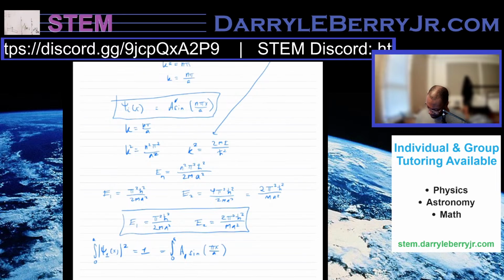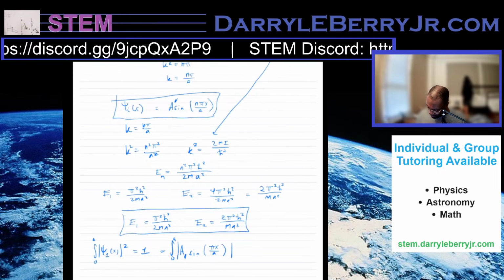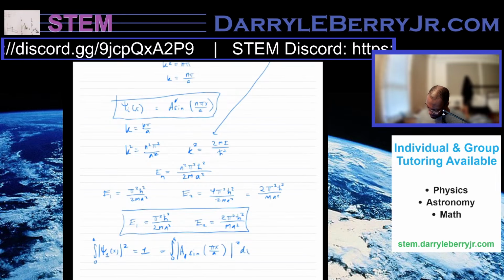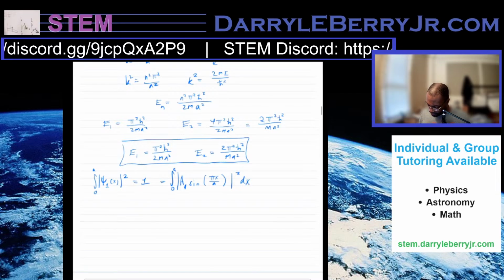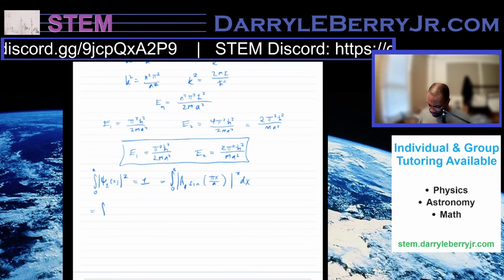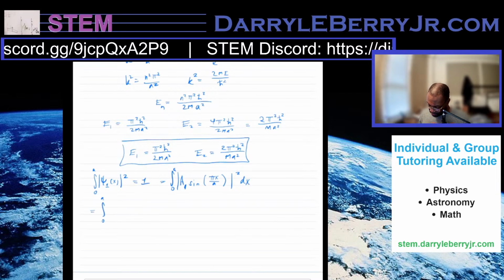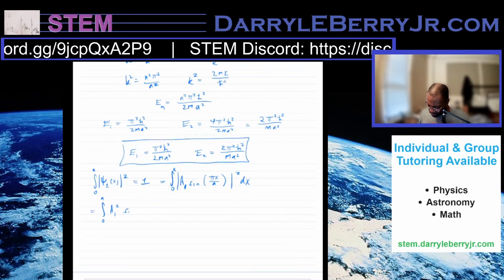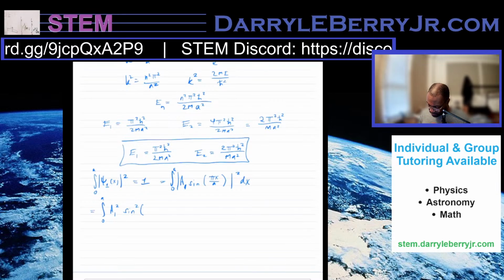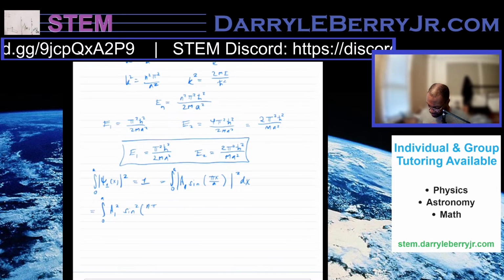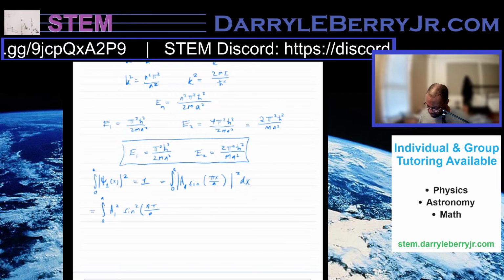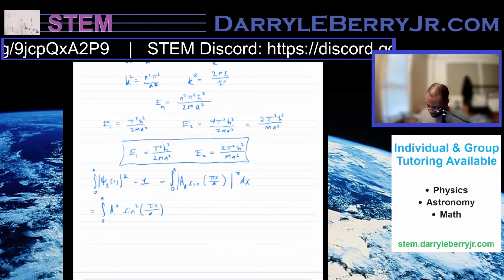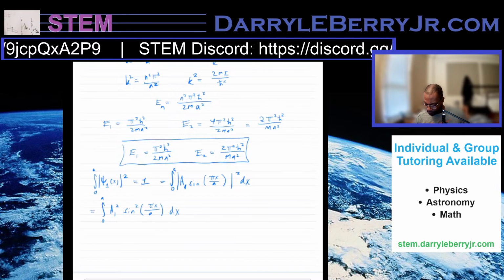And this is going to be mod squared dx. So since there's no imaginary part, it's going to be the integral from 0 to a of A1 squared sine squared of pi x over a dx.